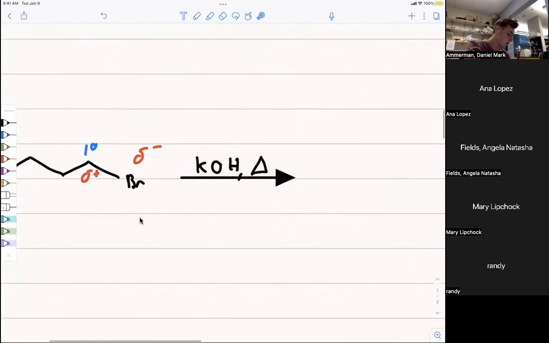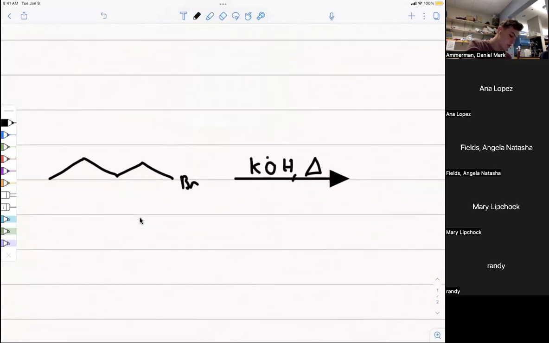So here what happens is, I'm going to erase these so I can draw my arrows. But our lone pairs on oxygen, and we're going to have 3 because this is an ionic bond. So our oxygen is actually negative and our potassium is actually positive. What we'll do is come grab this bromine. Oh, I'm sorry.